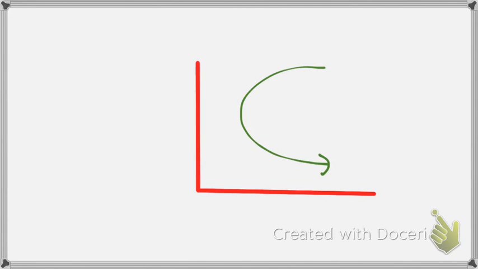If it went like this, that is no longer a function because now we're crossing it twice. So those are functions. Simple enough. All right, so ordering numbers, scatter plots, functions.